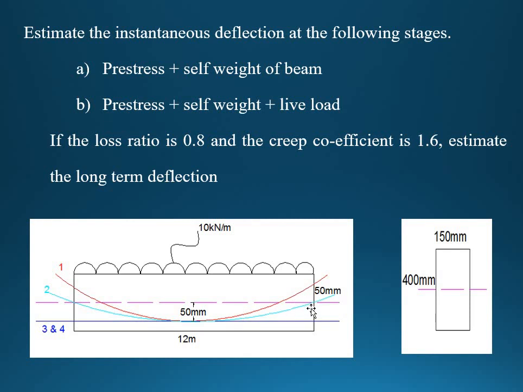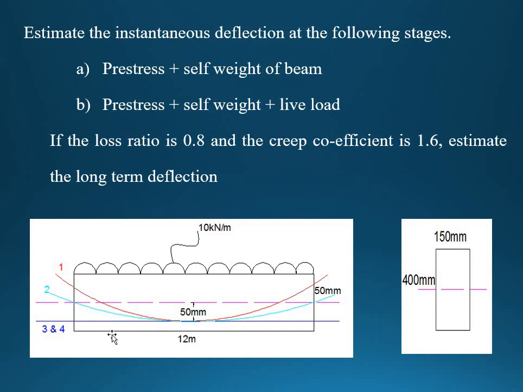Don't make any mistake. At the supports, eccentricity is 0. Just to make you understand, I have just extended this cable and I have shown this cable number as 2. But this cable is going to end at this point. At the supports, eccentricity is 0, but at the center it is 50 mm.